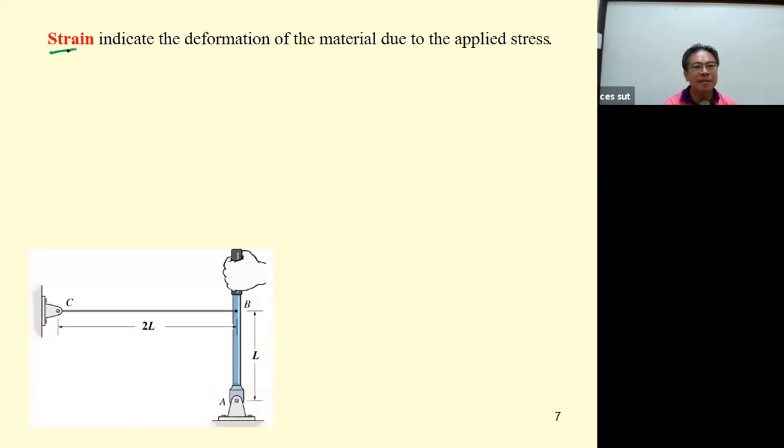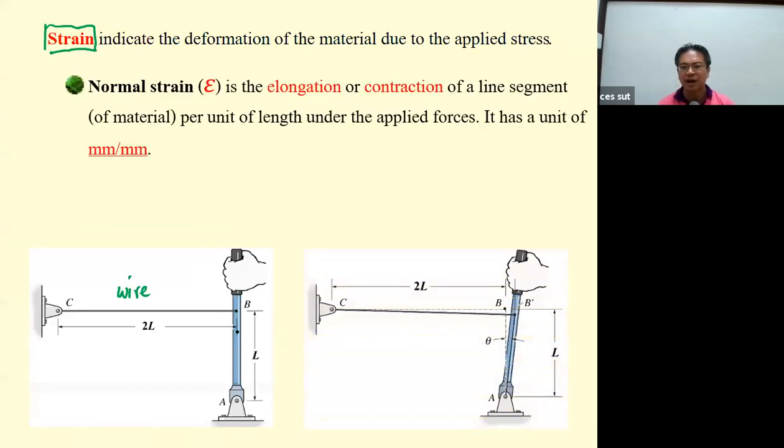Understand, as I mentioned before, the strength. For example, like the Y here attached to the handle over here, when you pull this, the wire will change from the length at BC, for example 2000 millimeter, to a new one.